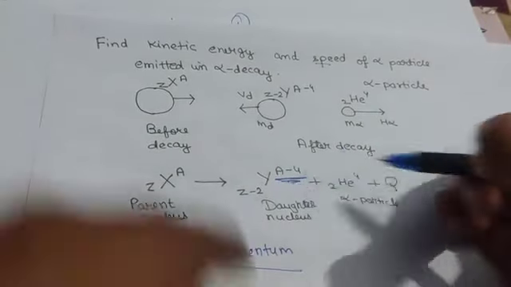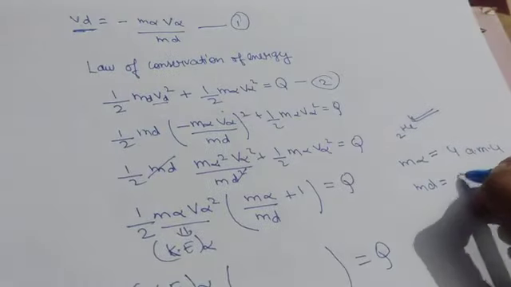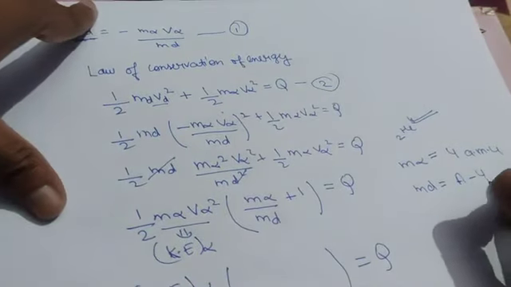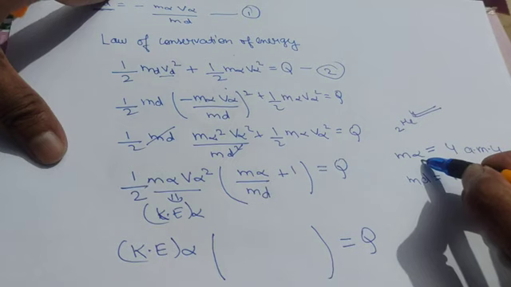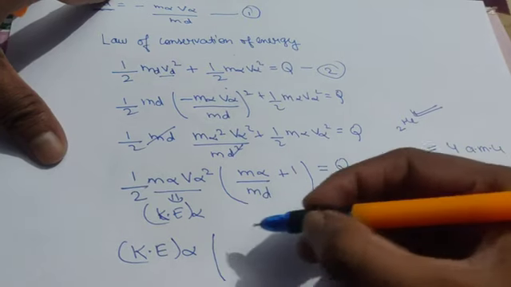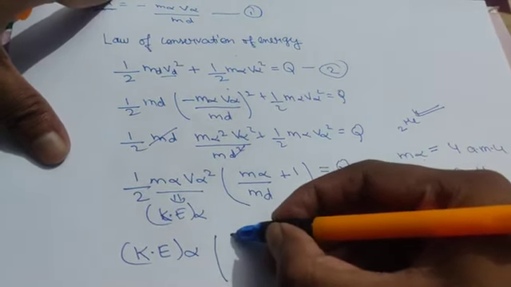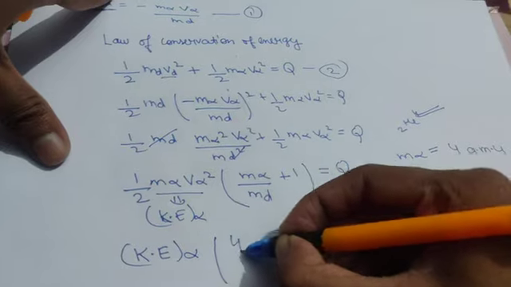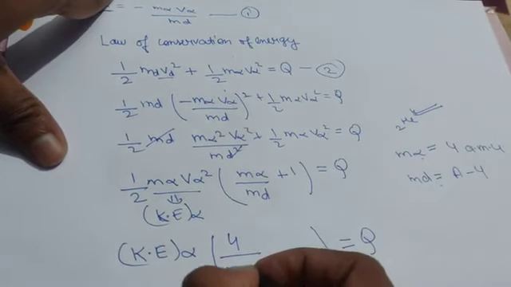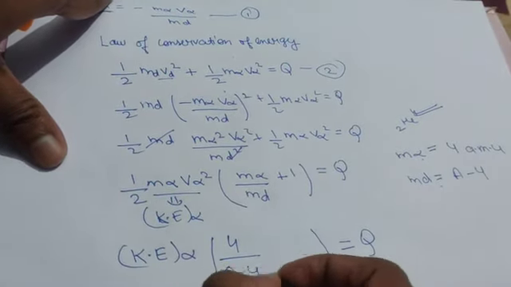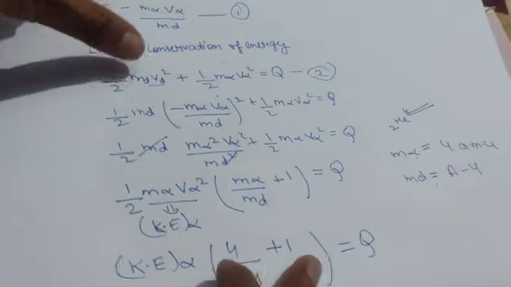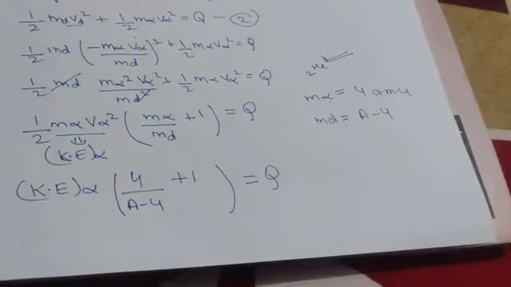Putting in the values, it is 4 by A minus 4 plus 1. Now simplify.